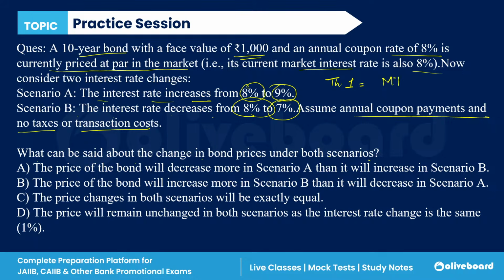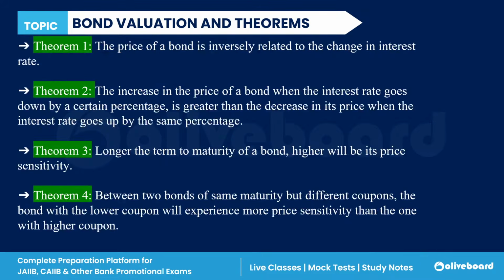As the market interest rate increases, bond price will decrease and vice versa. Now, theorem 2, if you all remember: the increase in the price of a bond when the interest rate goes down by a certain percentage is greater than the decrease in the price when the interest rate goes up by the same percentage.